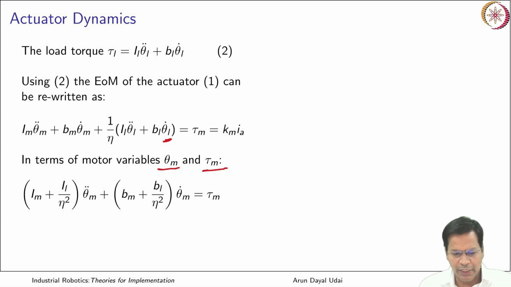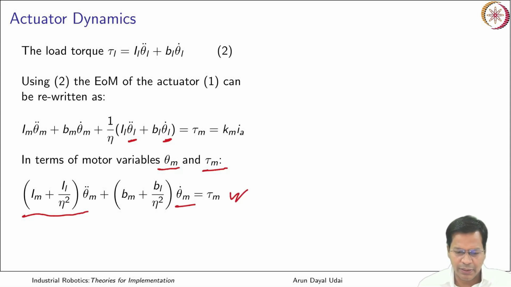If I take all of them common and bring them out, similarly theta L double dot should be equal to theta M double dot by eta. So effectively eta square is going to come. You see this equation: Im plus IL by eta square into theta M double dot, plus Bm plus BL by eta square into theta M dot, is equal to tau M.